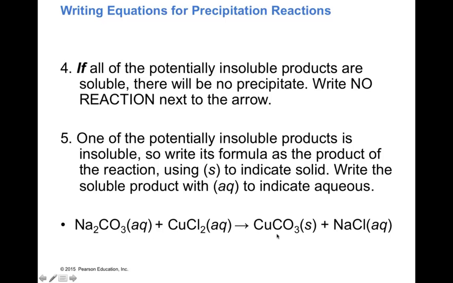So here we have the two products of this reaction, and as we saw before, this one is a solid, it's a precipitate, okay? And sodium chloride is soluble in water, so that's why you use the aqueous subscript. That means that you're going to have the presence of sodium ions and chloride ions in that solution.